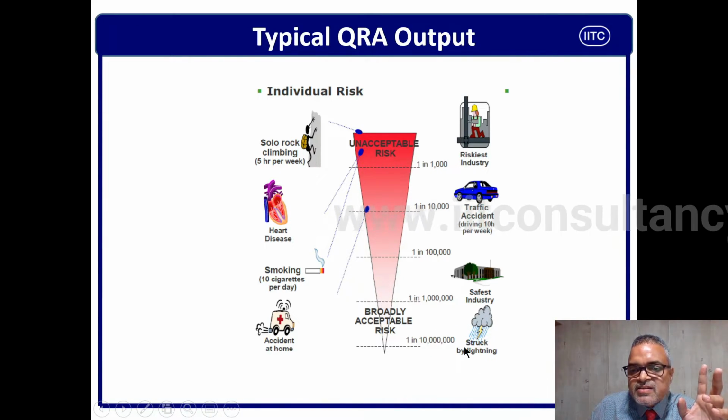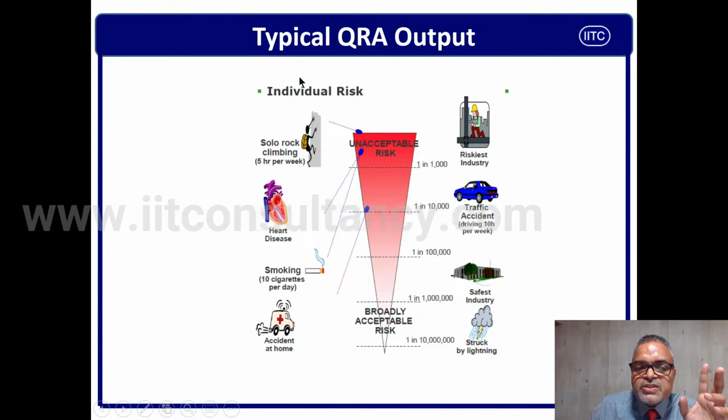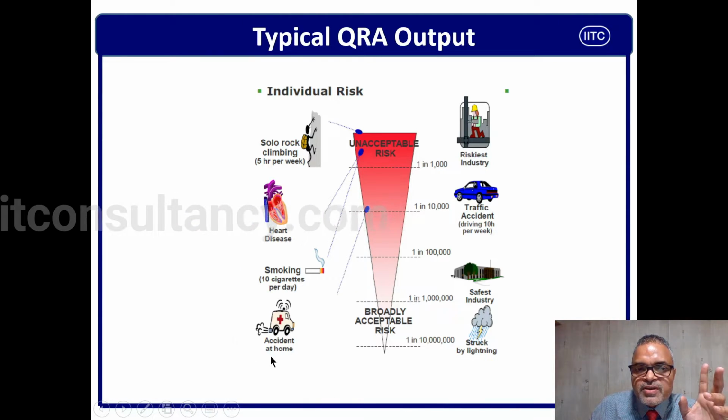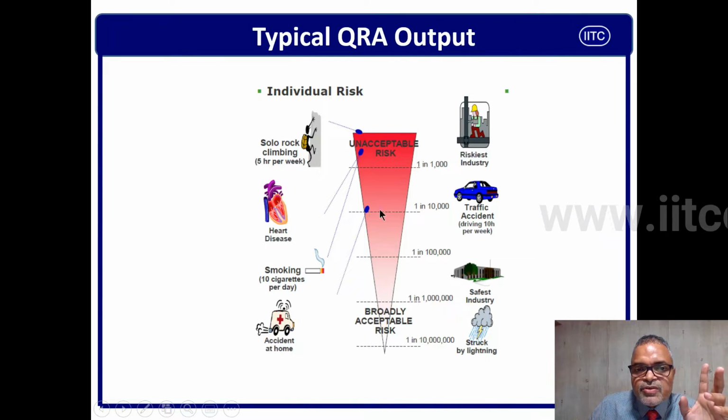This right side talks about industries and occupations. If you compare the IRPA with our normal day-to-day activities, a home accident has a probability of fatality of once in a 10,000.